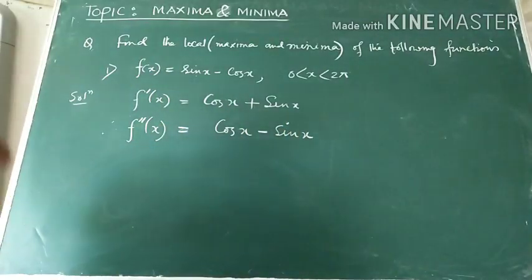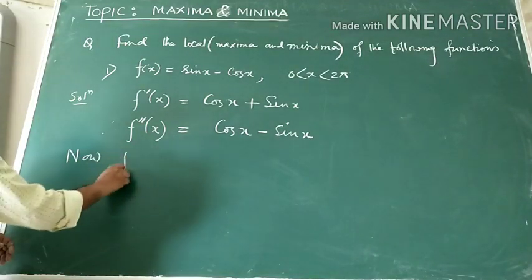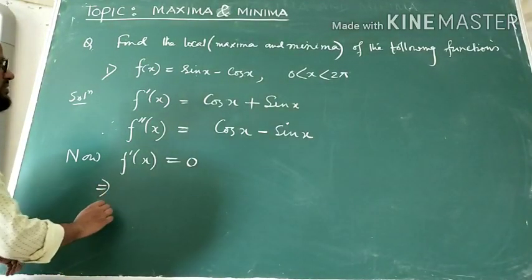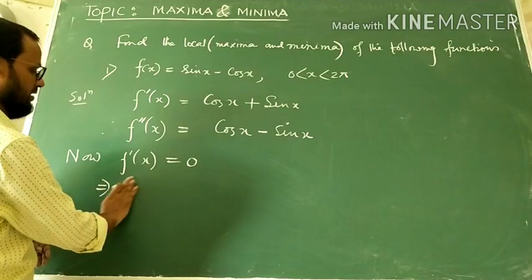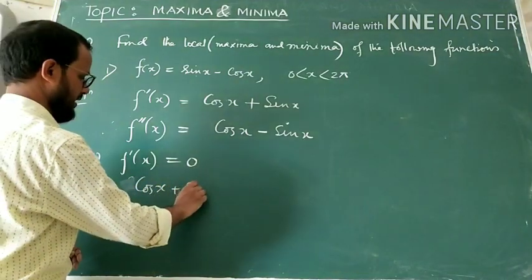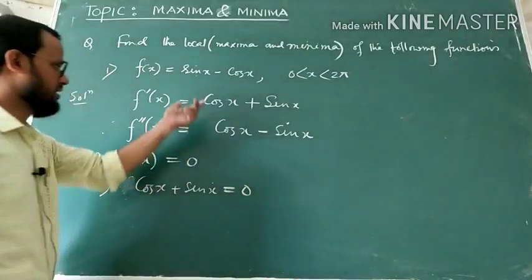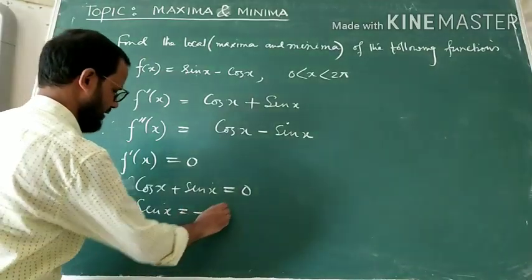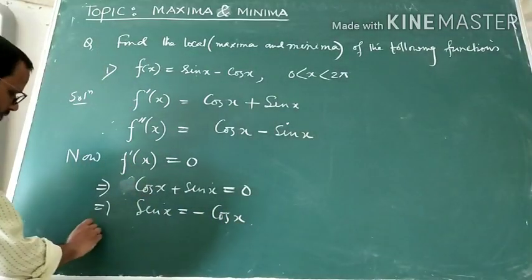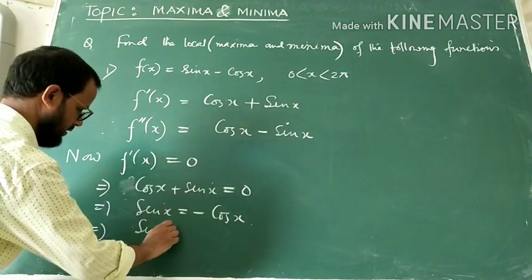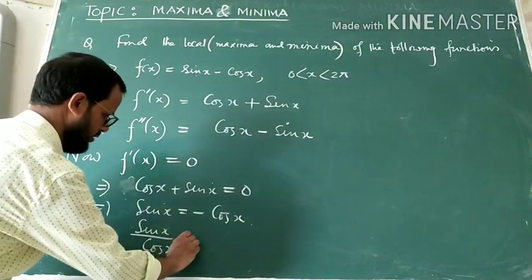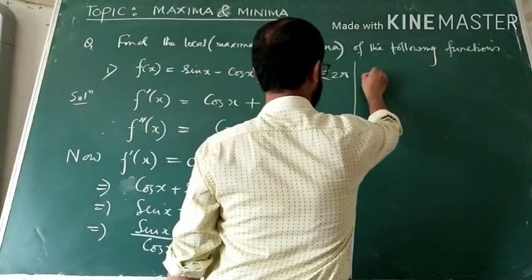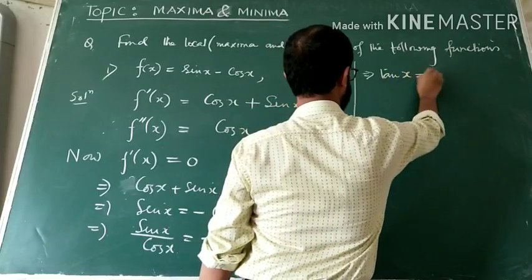Now to find the critical points, you have to put f dash x equal to 0. f dash x means cos x plus sin x equal to 0. From here you can write sin x equal to minus cos x, and if you divide both sides by cos x, it will be sin by cos equal to minus 1, which is nothing but tan x equal to minus 1.